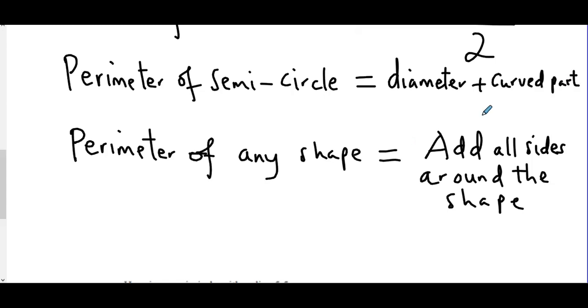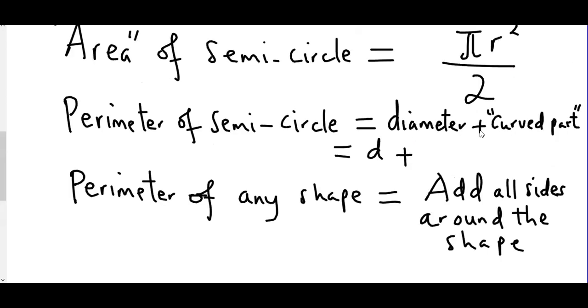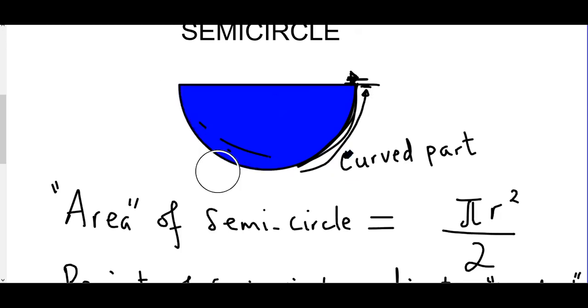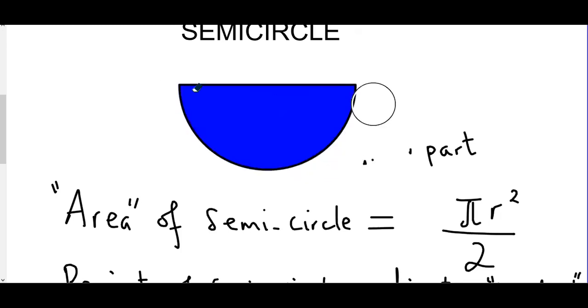Now the question is, how do I find the curved part? The diameter is D in short, but how do we find the curved part? The curved part on a semicircle is half of a circle.